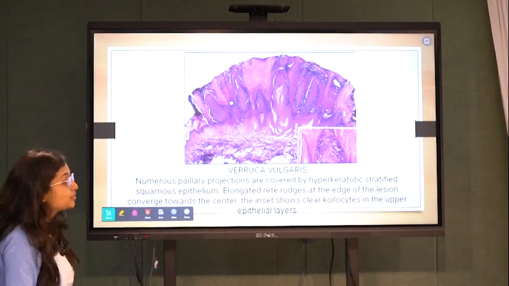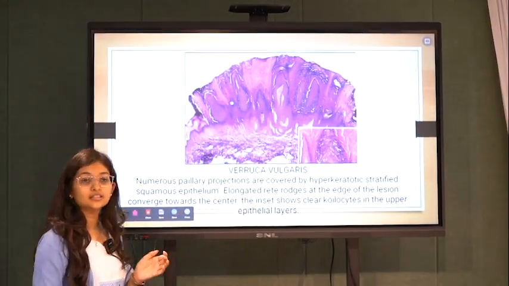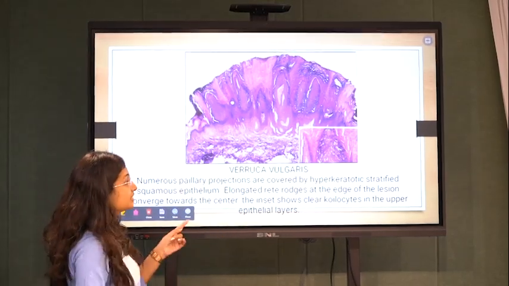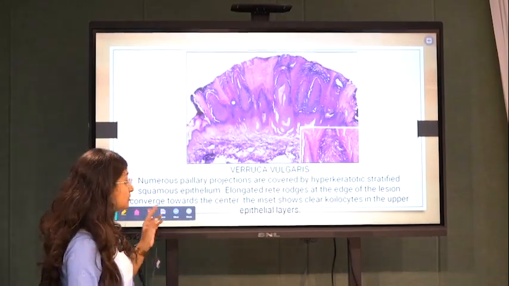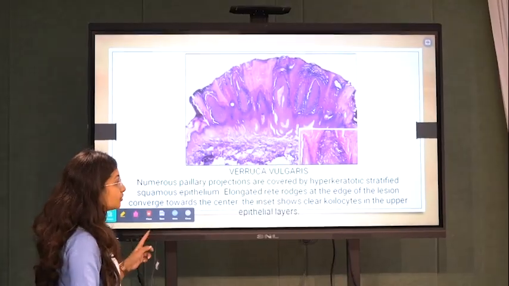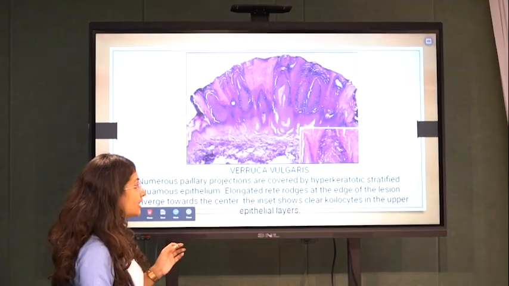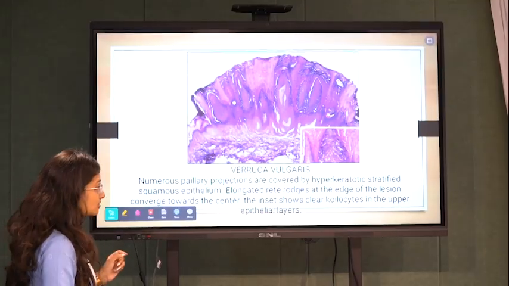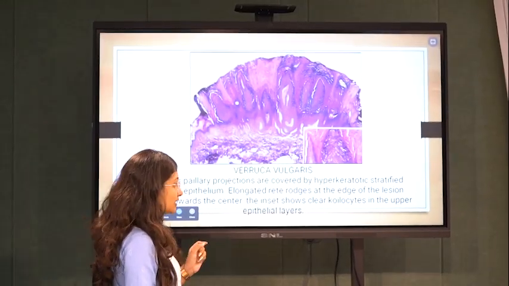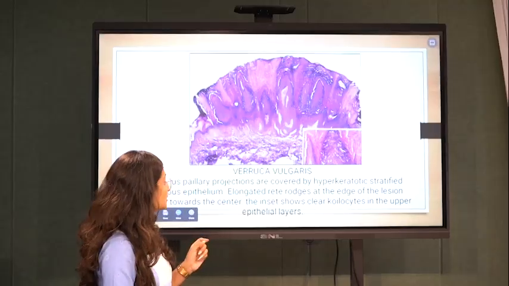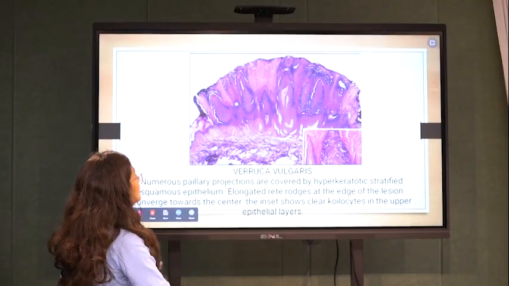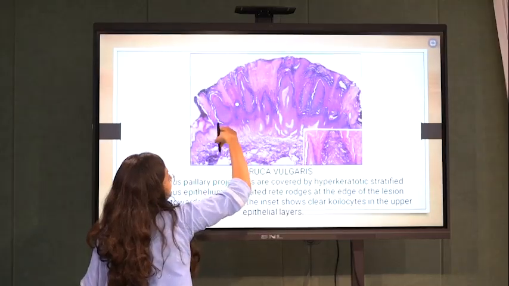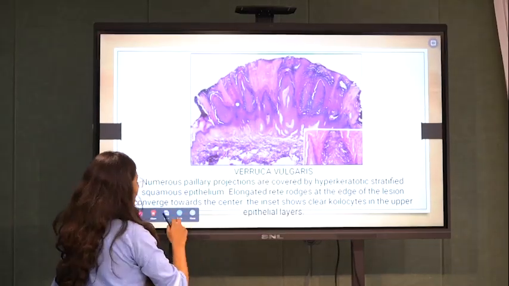The difference between verruca vulgaris and squamous papilloma is that in verruca vulgaris, numerous papillary projections are covered by hyperkeratotic stratified squamous epithelium, with elongated rete ridges at the edge of the lesion converging towards the center. The inset shows the clear koilocytes in the upper epithelial layers. So in this there is an inward direction, and in the papilloma it is in the outward direction.